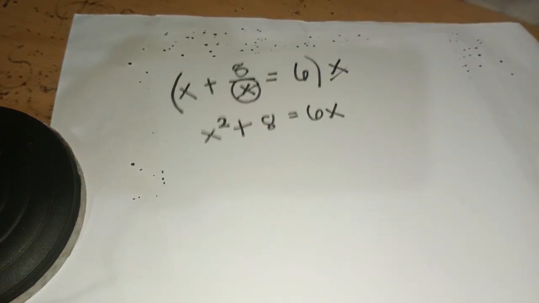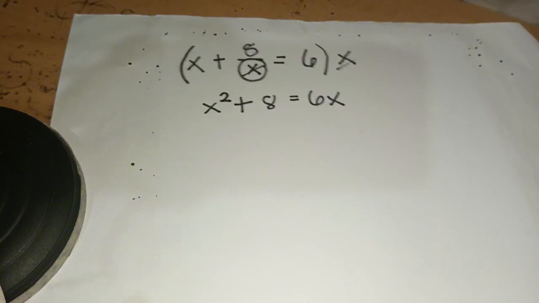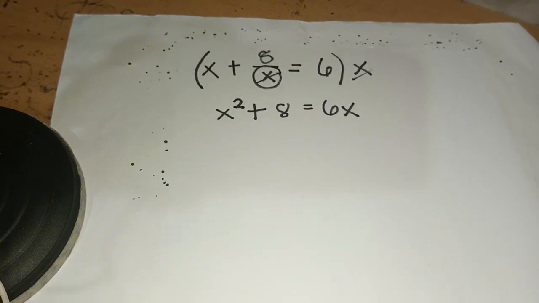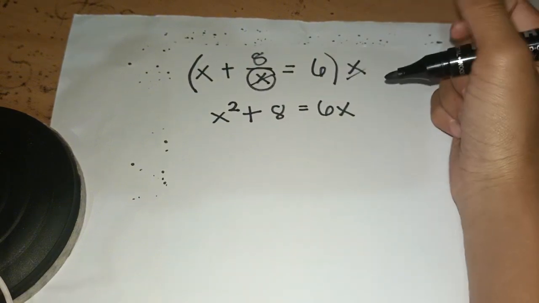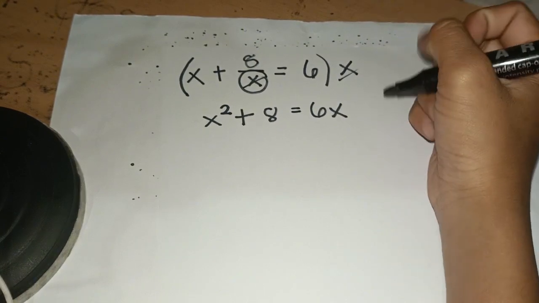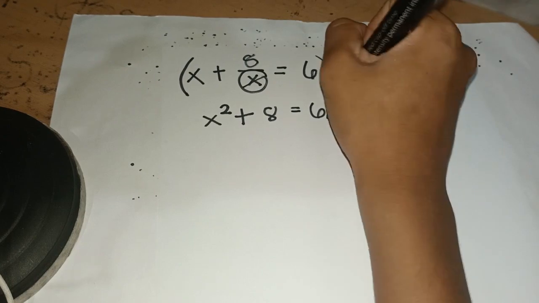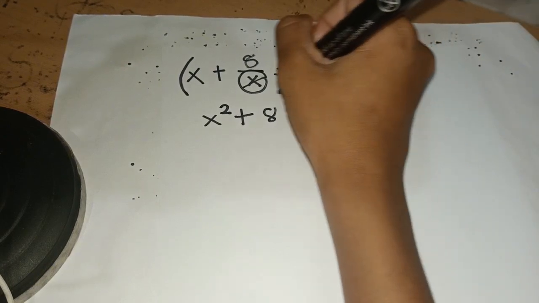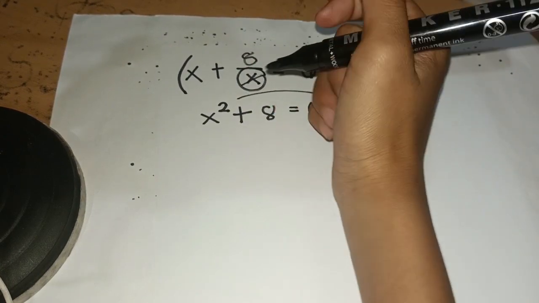So now what we want to do at this point is subtract both sides by 6. Well, basically just take this term and move this to the left.